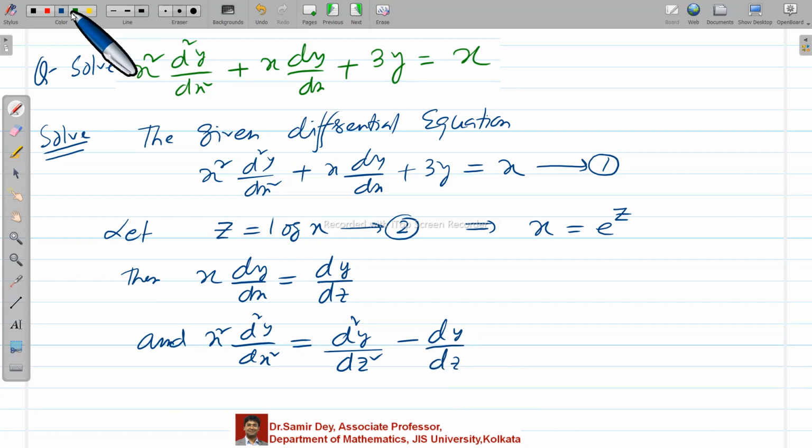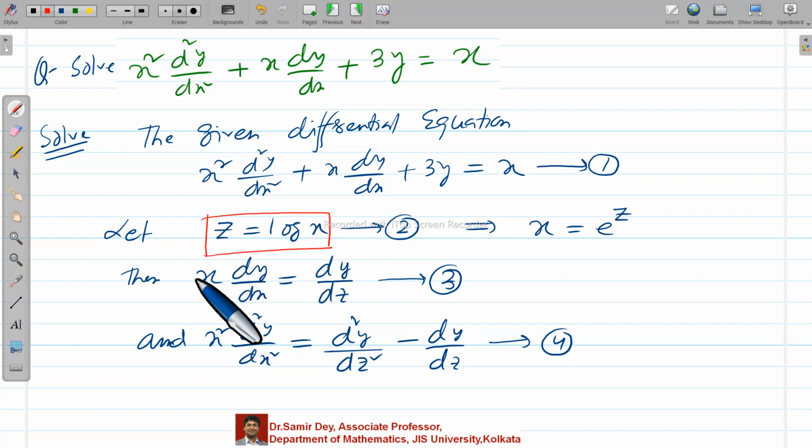So here you may consider directly this value, equation number 3 and equation number 4. If you want to transform this Cauchy Euler homogeneous linear equation in terms of a higher order differential equation with constant coefficient, this is your substitution number 1. And another transformation part is there, this one and that one.